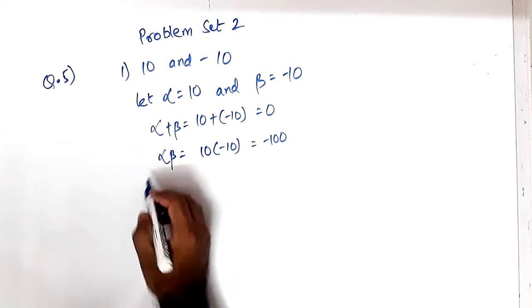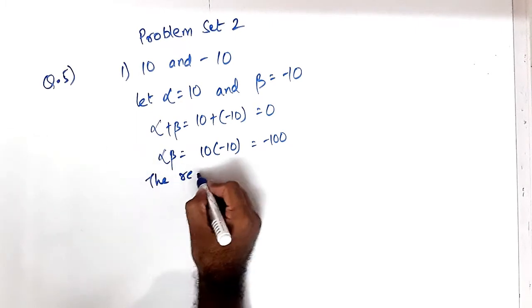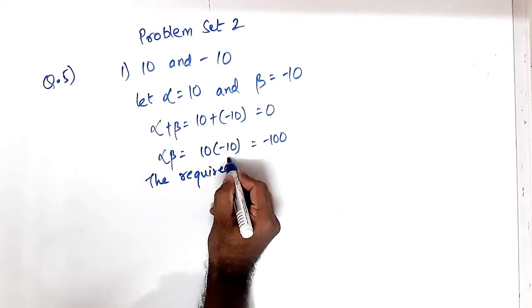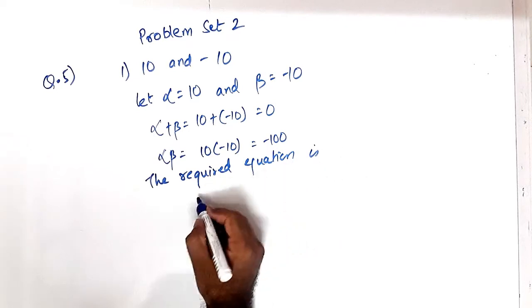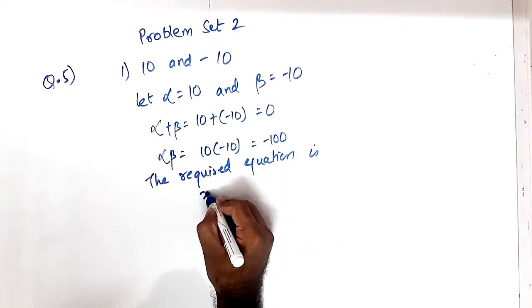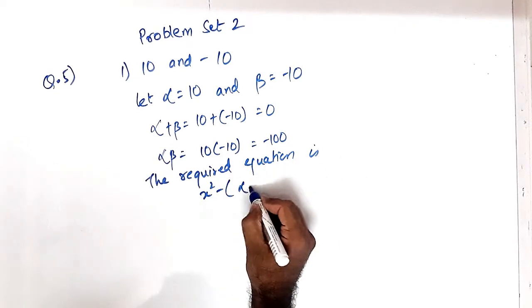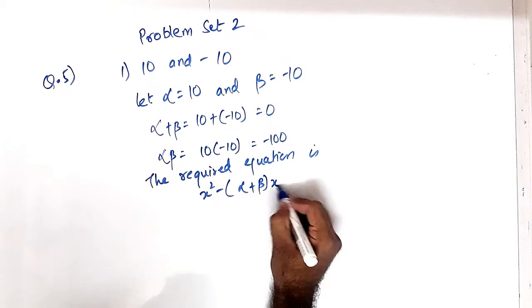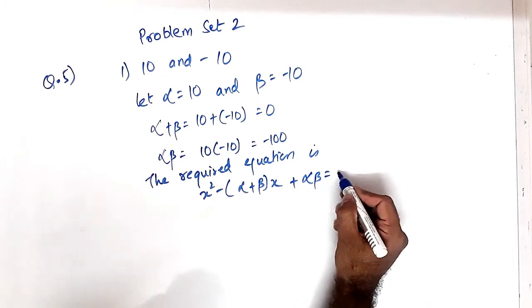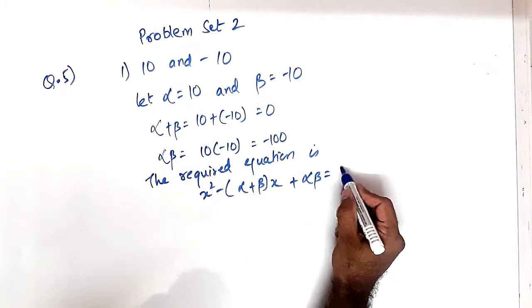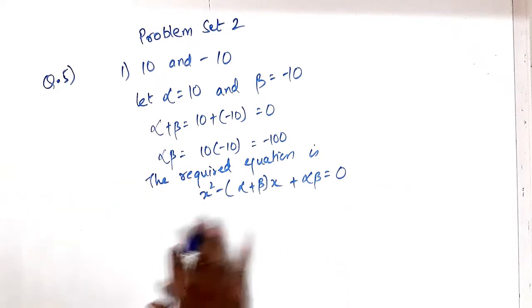The required equation is very simple. It is x square minus the sum of the roots into x plus the product of the roots equals 0.